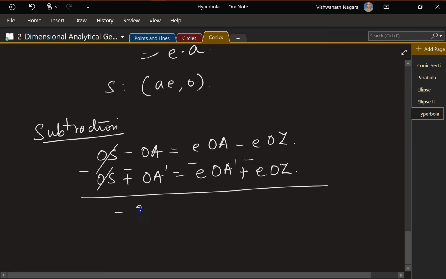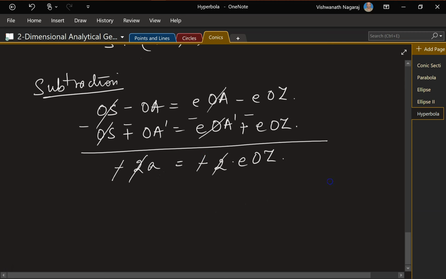This becomes minus 2a because both OA and OA prime are a. Again, these two are equal, so this and this get cancelled. This becomes 2 times EOZ. 2 and 2 get cancelled, minus minus gets cancelled. And we have a is equal to EOZ, or OZ is equal to a by E.